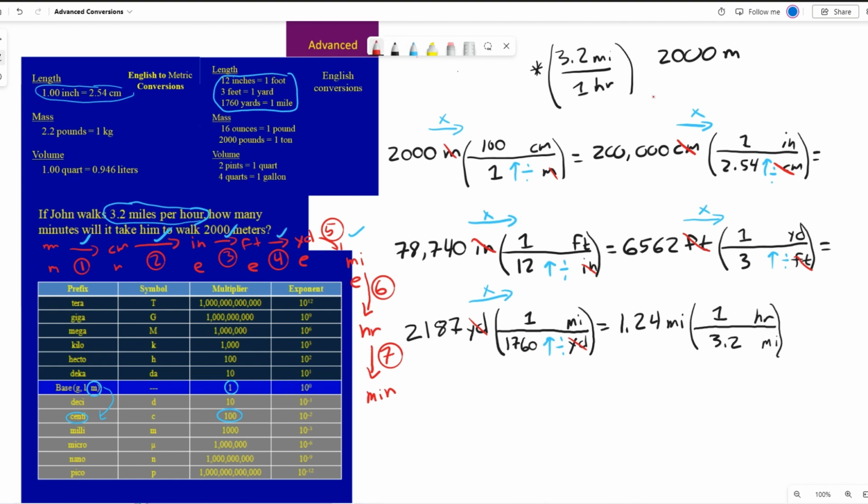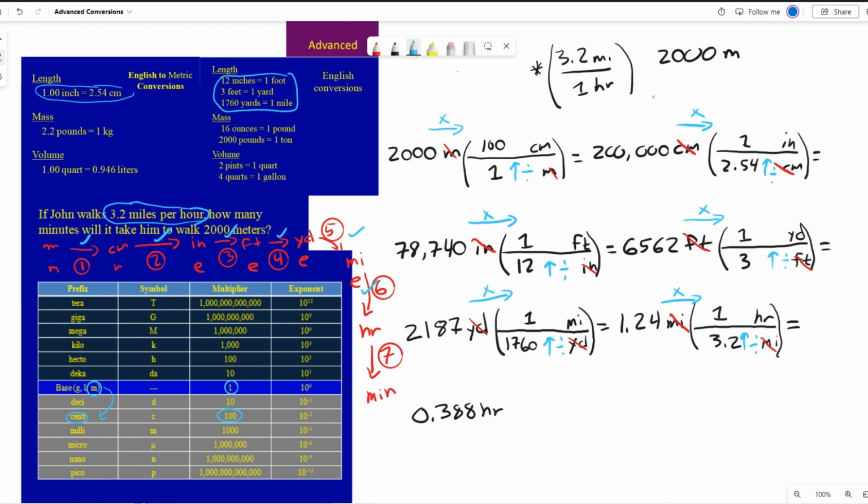And we have it set up so that miles and miles will cancel out. Multiply across and divide up. And when we take 1.24 times 1, you get 1.24. And then when you divide by 3.2, we get 0.388 hours.